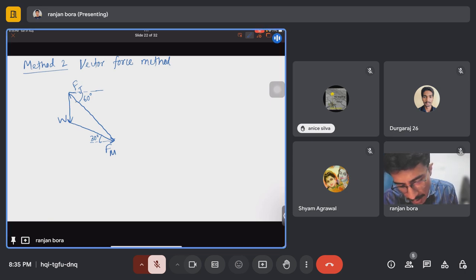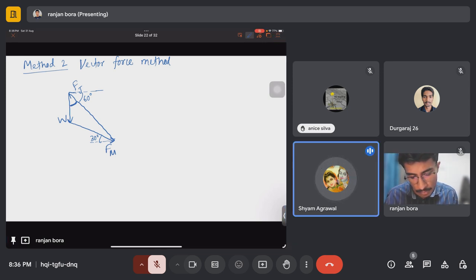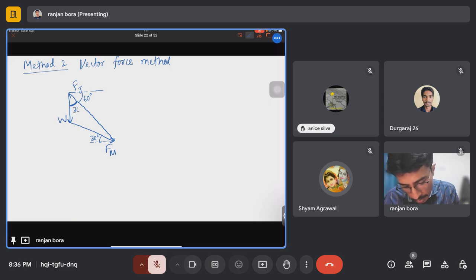So what will be this angle? It will be 30, and this angle we don't know. We can apply some geometry to find out this angle. See, in this figure, this angle is 60, and what will be this angle? This angle will also be 60, right?